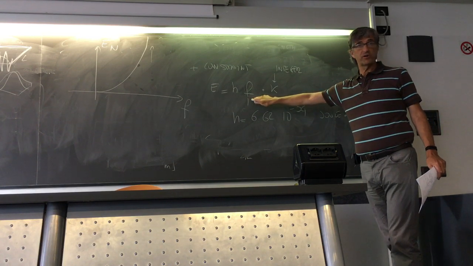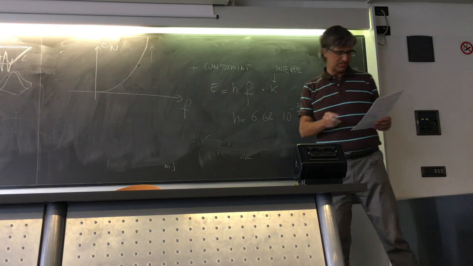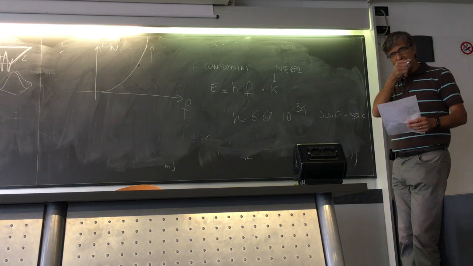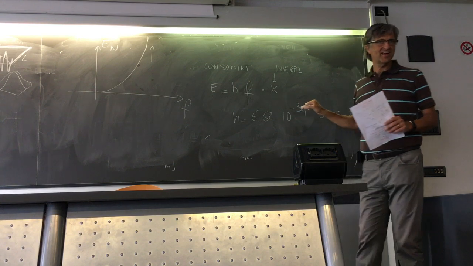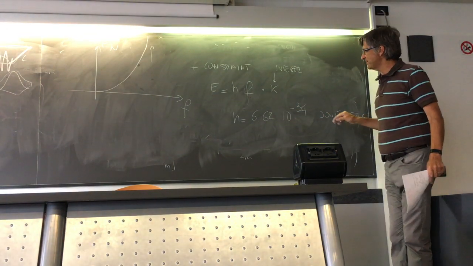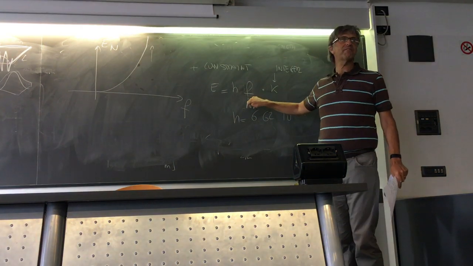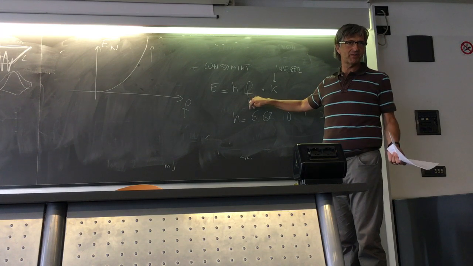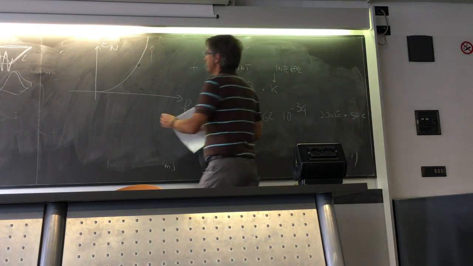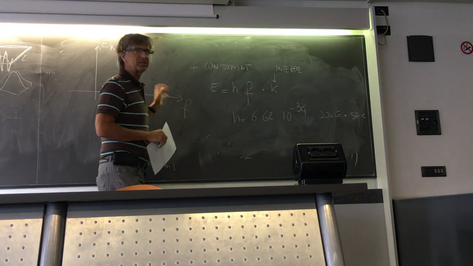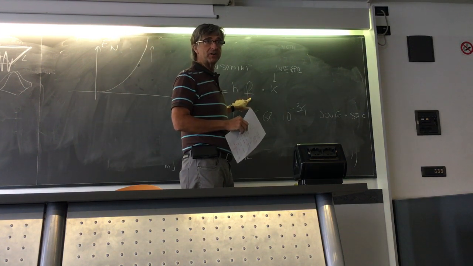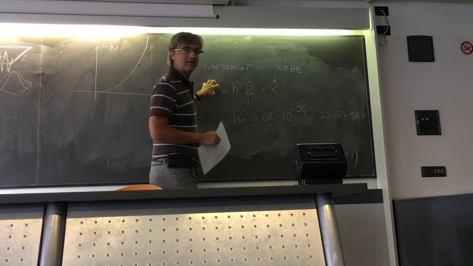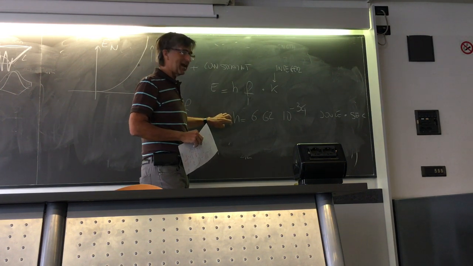Frequency is 1 over second, and this is energy in joule, okay? So, of course, it's a small number, but only when f is a reasonable number. When f is not so big, it doesn't change anything. When f becomes very, very big, this number becomes large.